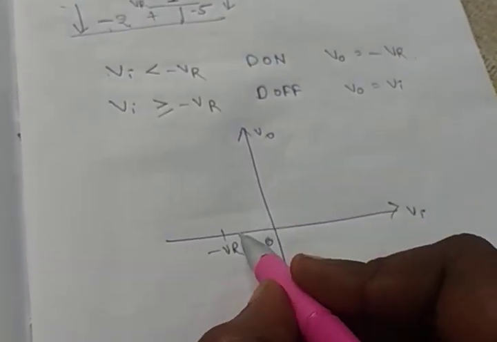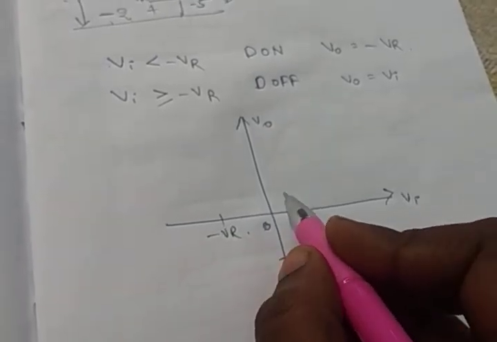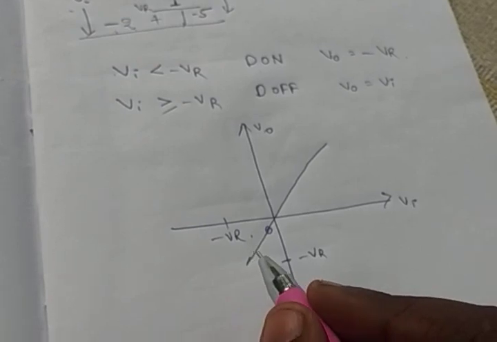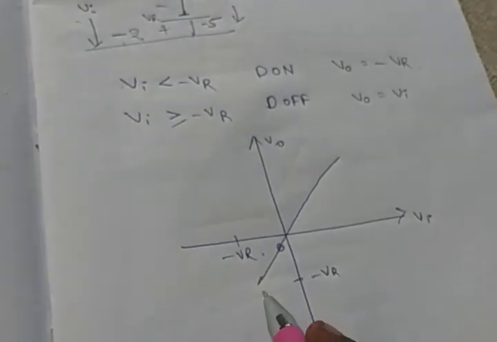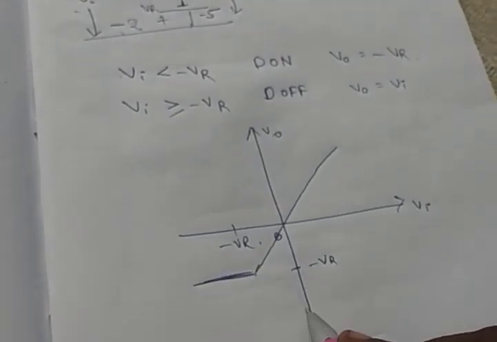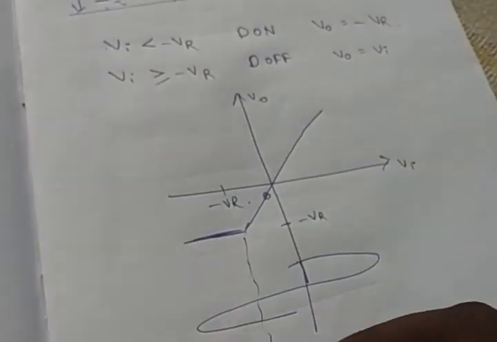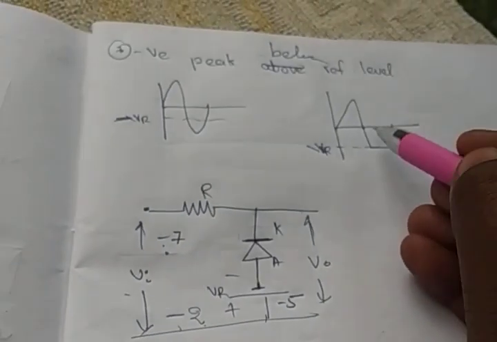For greater values of Vi, we have an ohmic line, that is V0 will be equal to Vi. For lesser values we get a DC line. So this portion will be clipped, only this portion will be there in the output. We got the required output now.